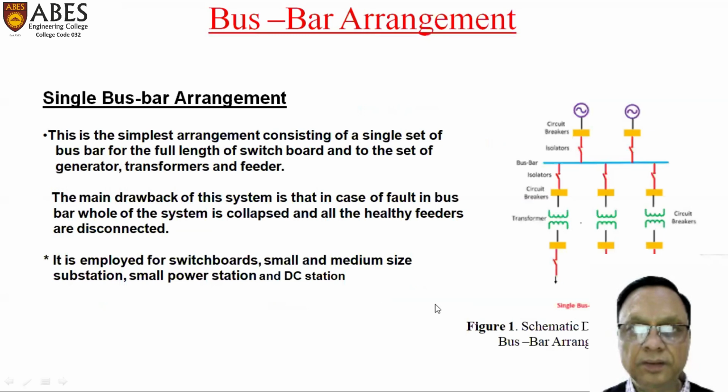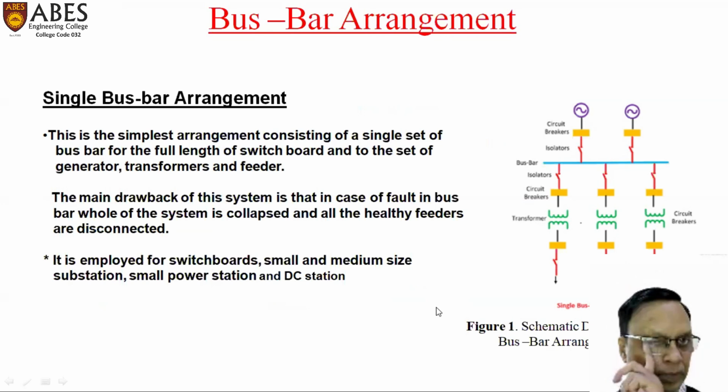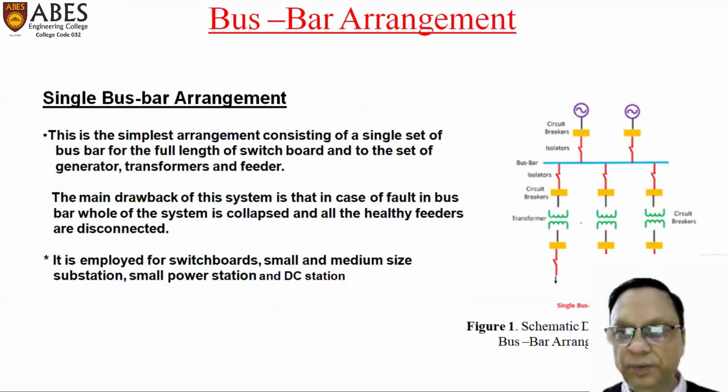Now, the first type of arrangement is called the single bus bar arrangement. If you look into the diagram, the blue line is the single line diagram because there's only one bus bar in this system.